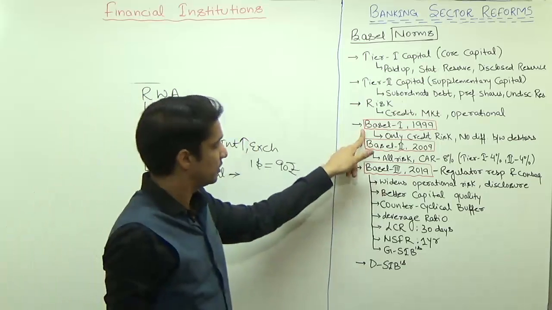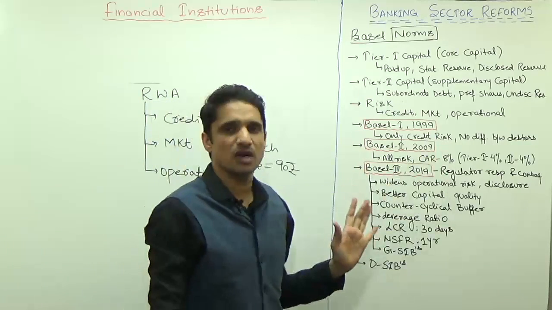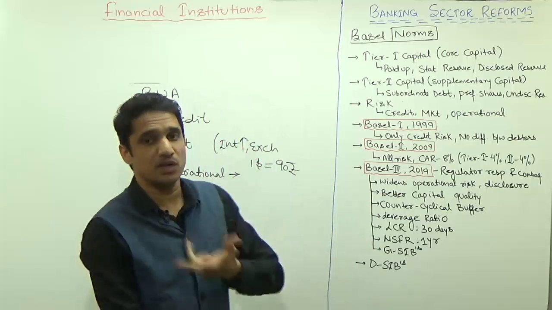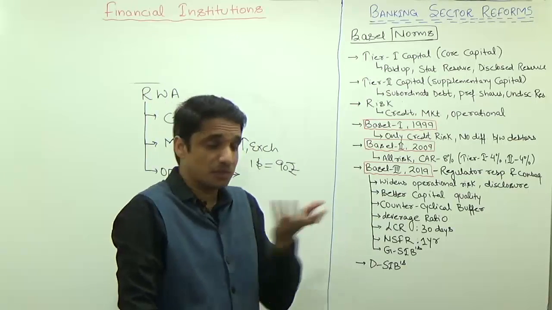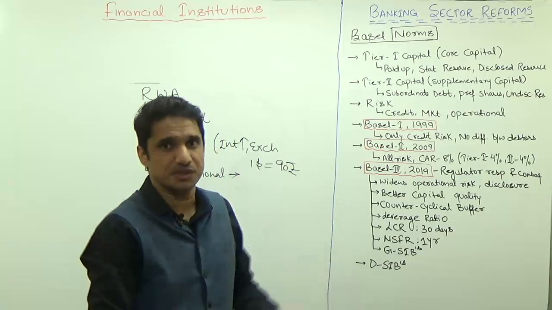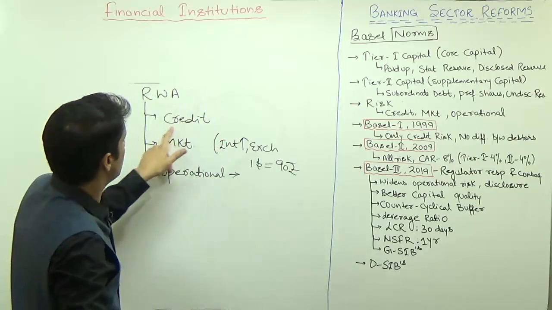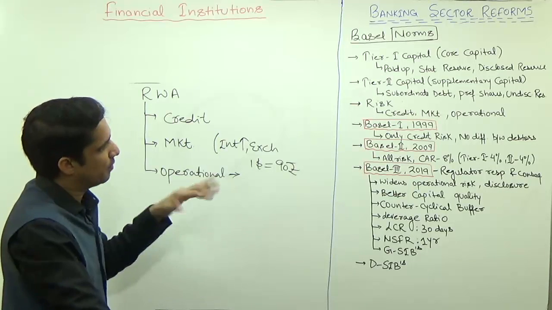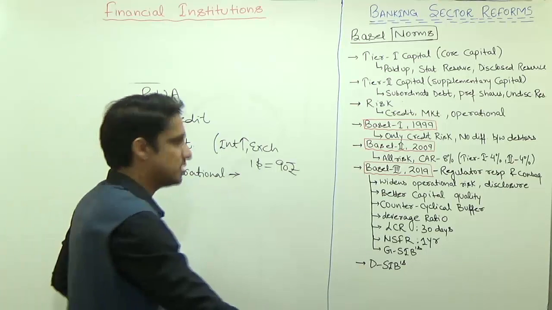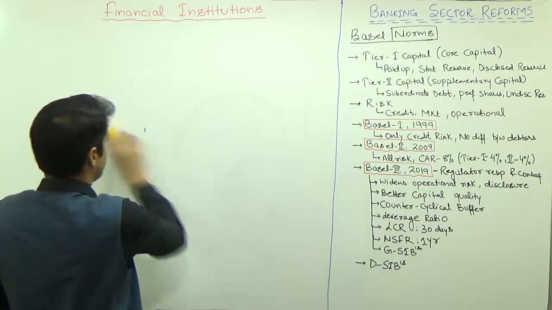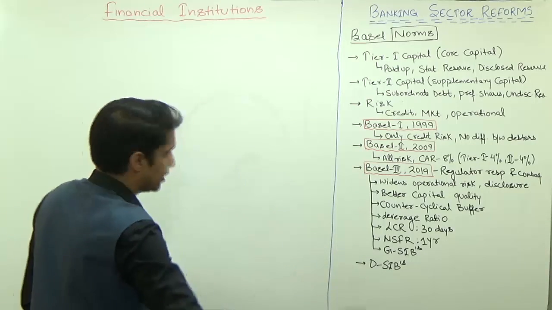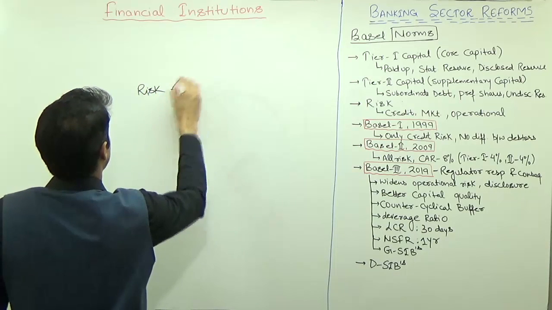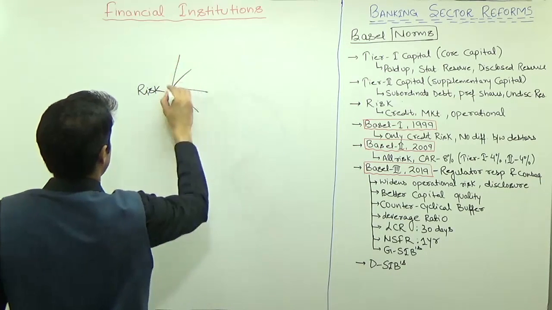Under Basel 1, only credit risk was counted, because at that time the Committee on Banking Supervision did not have the capability to count all these types of risks. So during Basel 1 they counted only credit risk. The second negative of Basel 1 is that there was no differentiation between different types of debtors. No risk profile of different debtors had been created.